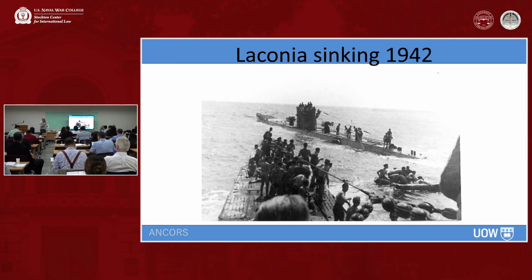In World War II, there were many examples of the use of torpedoes to sink vessels, and from World War II, what we really saw was the emergence of the superiority of the aircraft carrier and the demise, really, of the battleship.